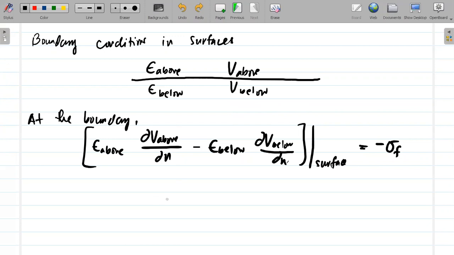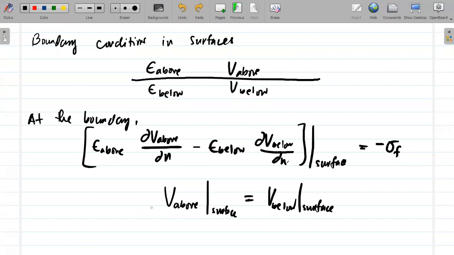Second condition, continuity ng potential. So, V above at the surface is equal to V below at the surface. So, first, discontinuous ang derivative. Second, continuous ang potential.